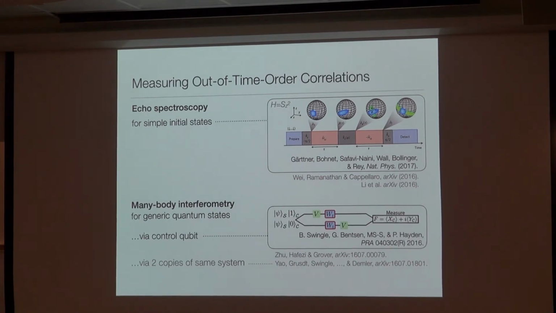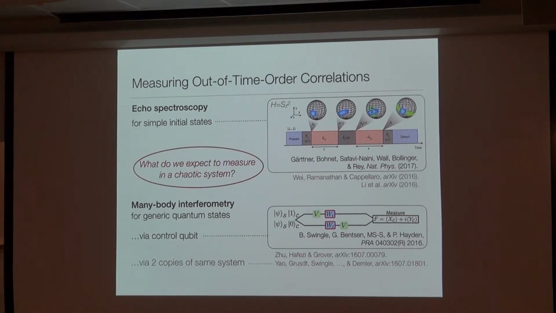If you want to think about measuring these commutators in very generic many-body states, there are more sophisticated schemes, and Brian is the expert on this, and he's in the audience. So you can ask him, and I won't go into too much detail on this. Suffice it to say, there are now methods of measuring the growth of these commutators applicable in a wide variety of many-body systems.